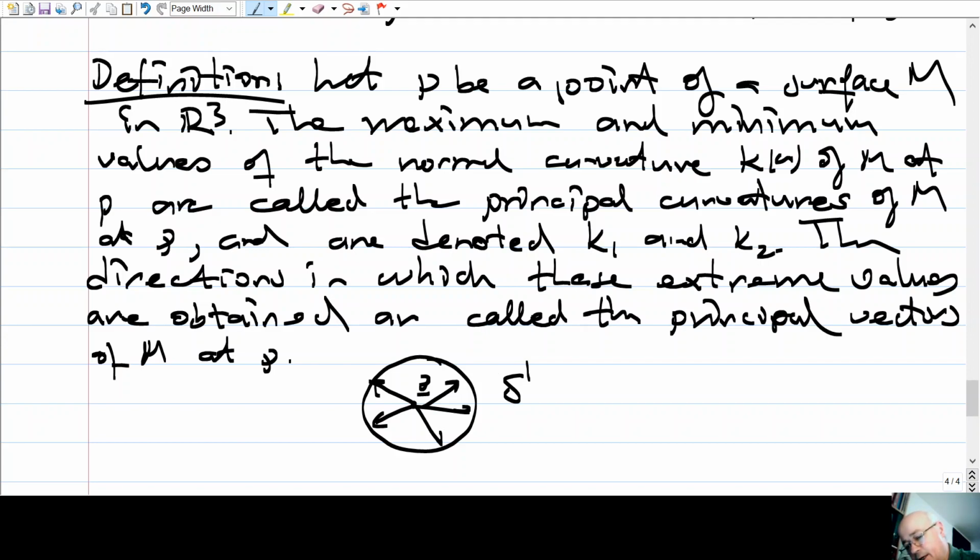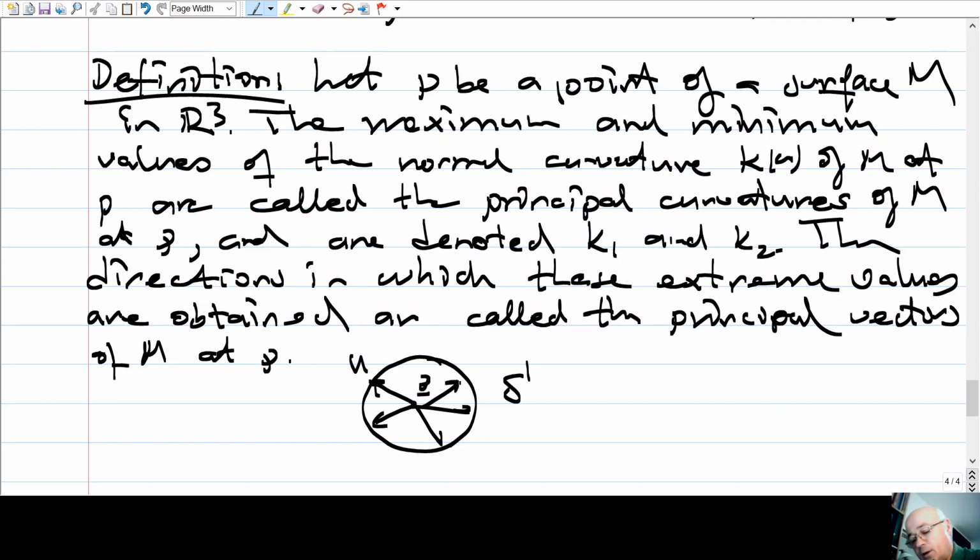And we have seen from the definition that the normal curvature function is just the dot product of the shape operator with the vector. It's a continuous function. Here u can be seen as a point on the circle.